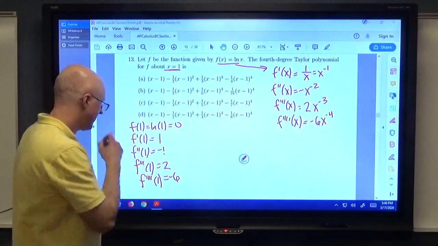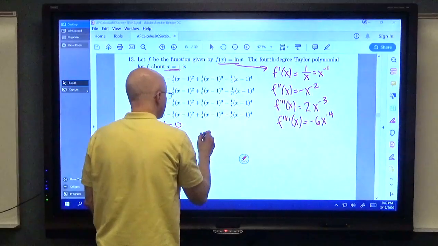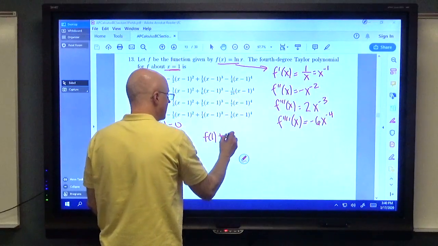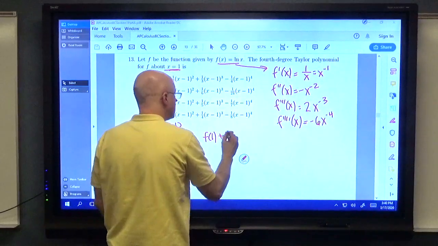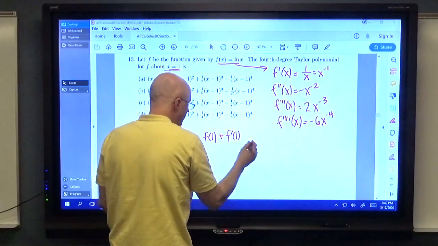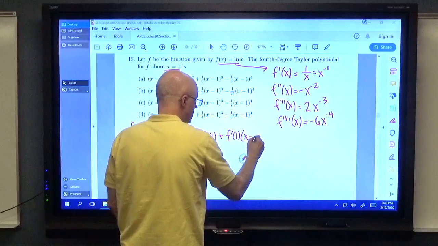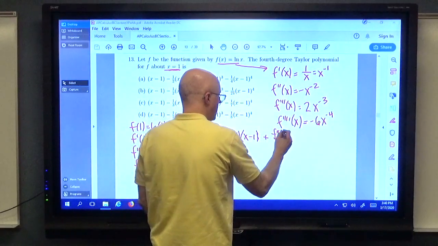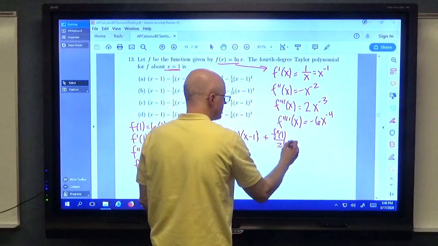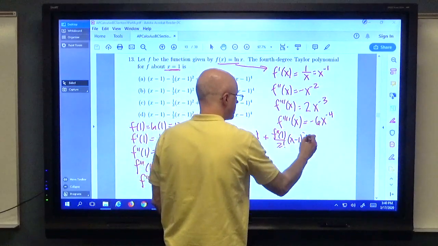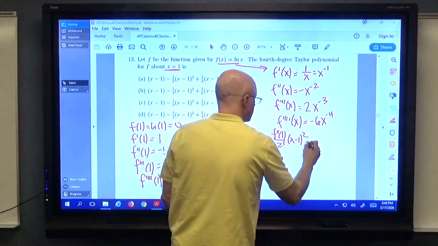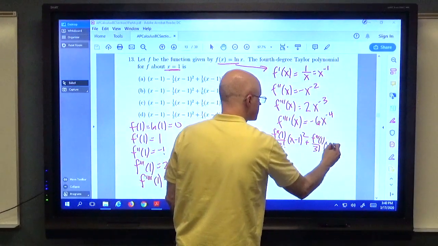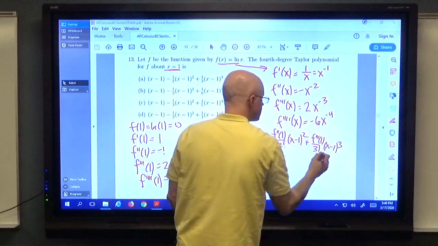Then the formula for the Taylor series would be f of 1 divided by 0 factorial, plus f prime of 1 divided by 1 factorial times (x minus 1), plus f double prime of 1 divided by 2 factorial times (x minus 1) squared, plus f triple prime of 1 divided by 3 factorial times (x minus 1) cubed.